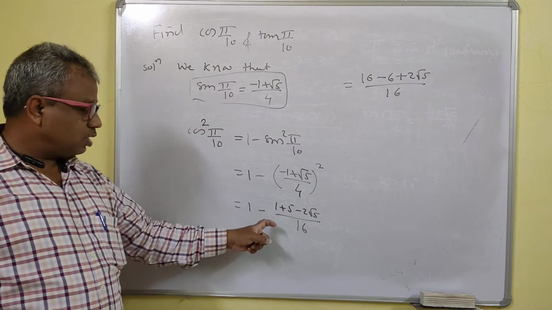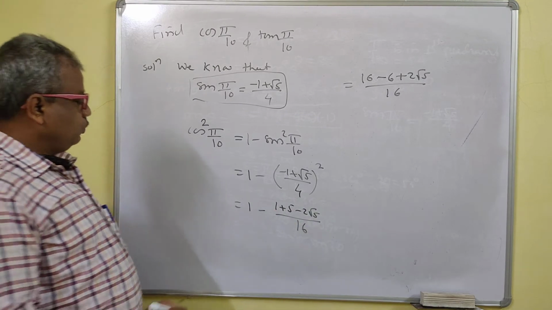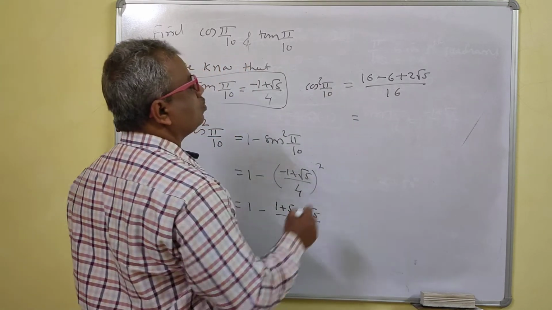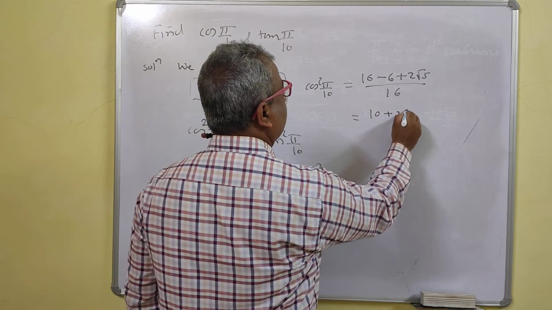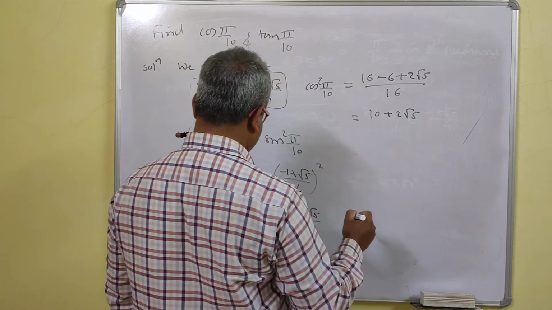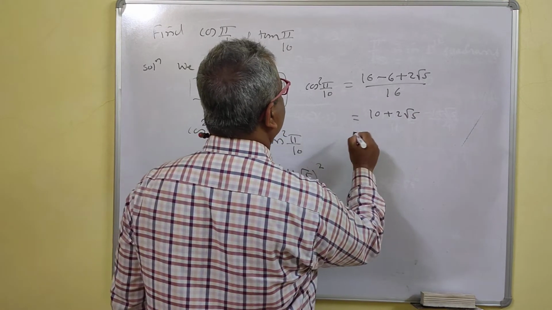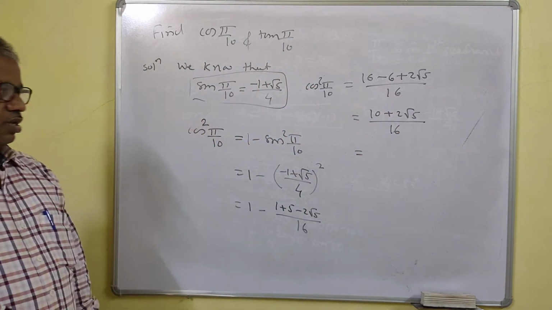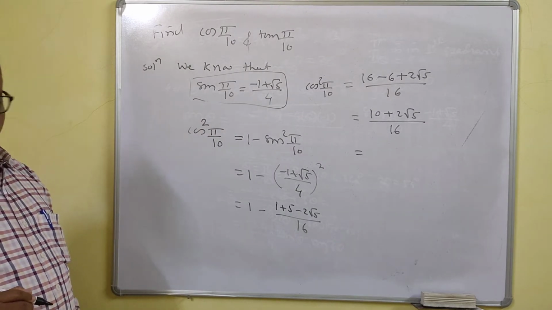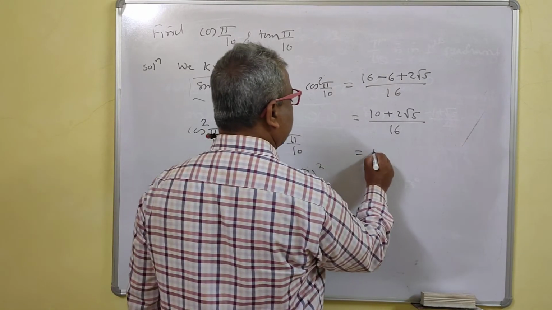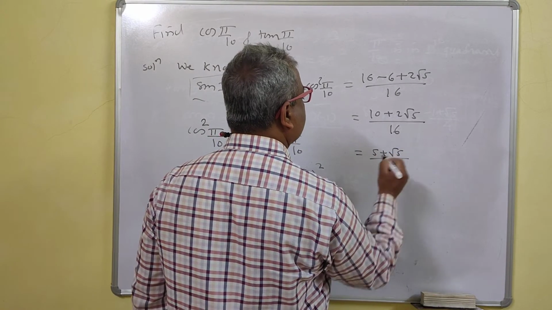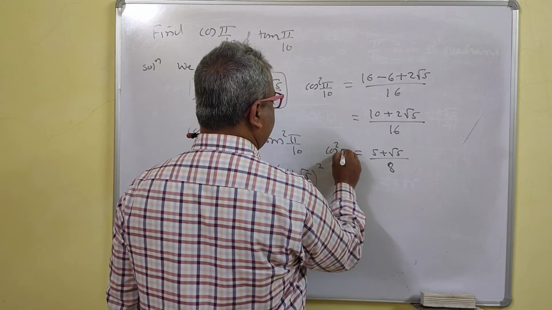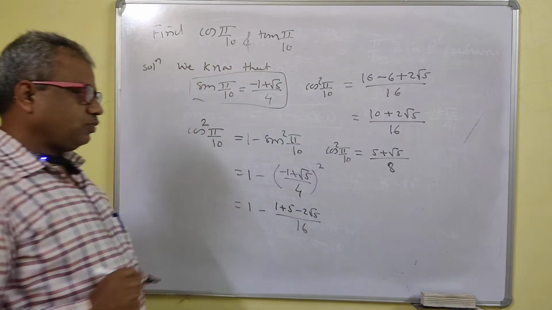So this is 6, you have to take the minus, minus must become plus now. So this is cos square pi by 10, equal to 10 plus 2 root 5 upon 16. Okay, we are taking the positive root, no problem. We can divide by 2 now. So this is 5 plus root 5 upon 8, which is cos square pi by 10.